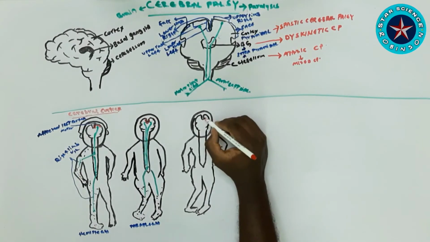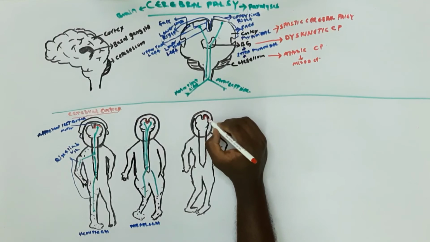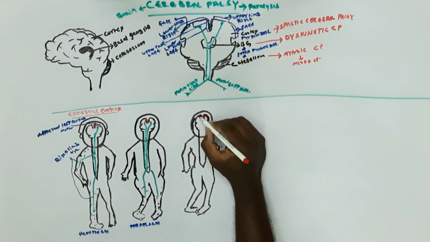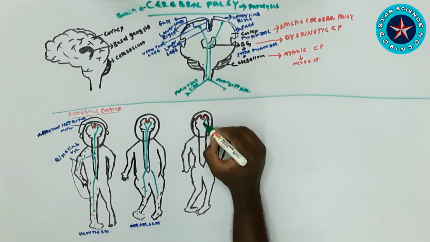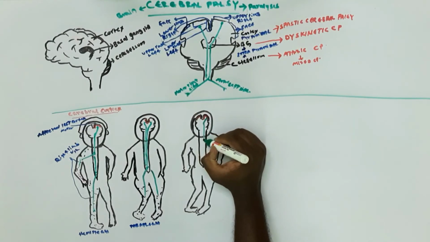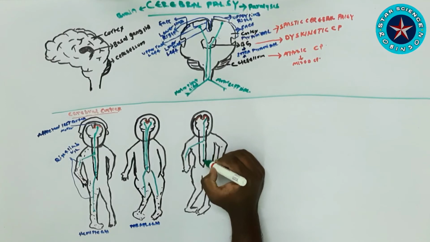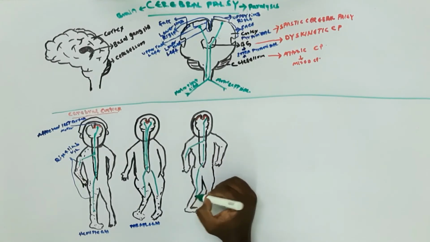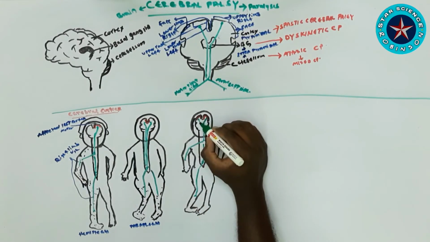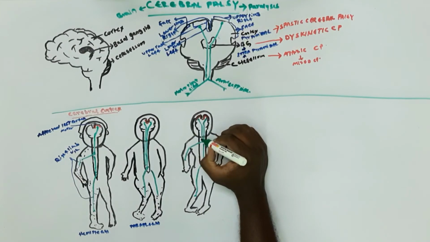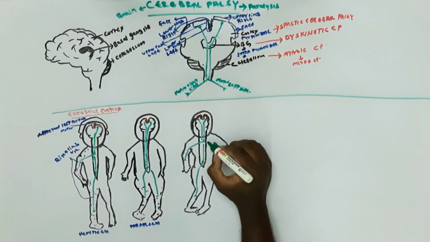In the next patient, the cerebral cortex is affected everywhere, so the information from either side will not pass properly to the upper limbs and lower limbs. When there is no proper information from the cerebral cortex to the upper and lower limbs, there will be stiffness of both.